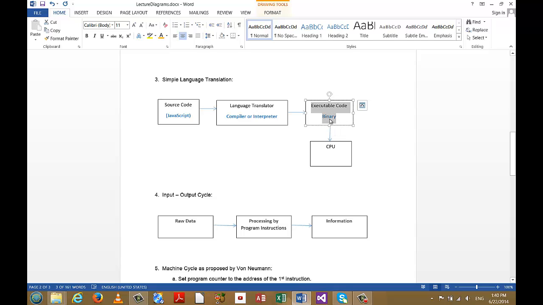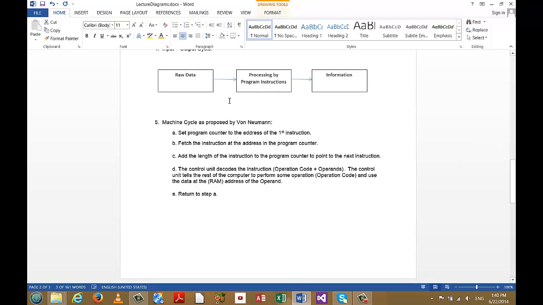Once that code has been translated into a binary format, how does the CPU actually deal with it? And what von Neumann proposed is this, and again, this is a kind of a simplified version. There's more to this, but I've tried to distill it down to the basic steps.